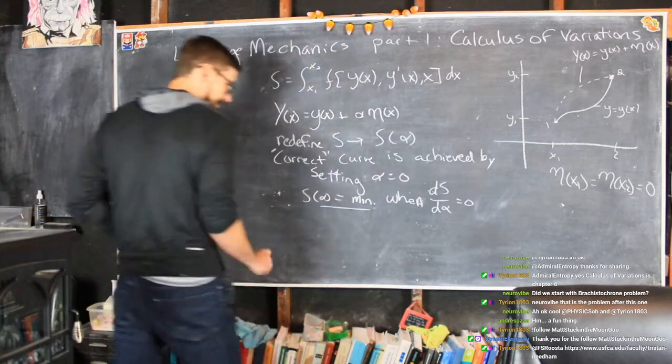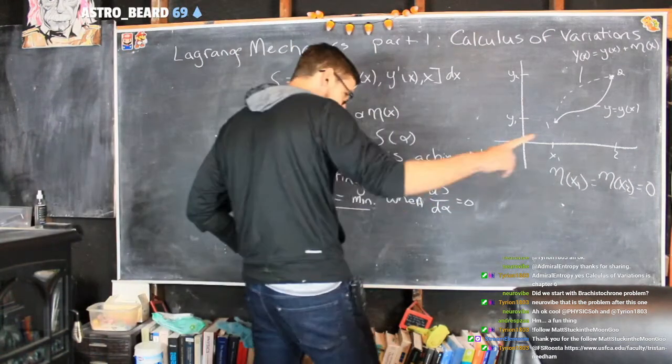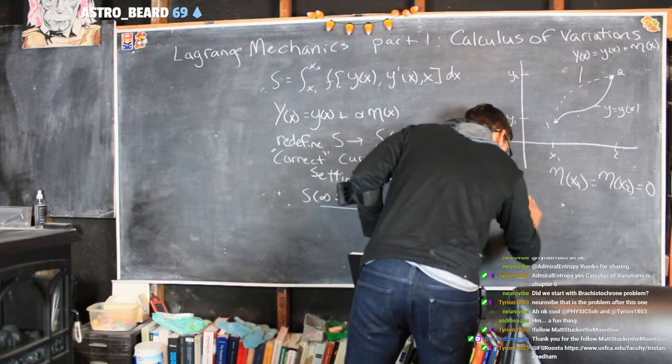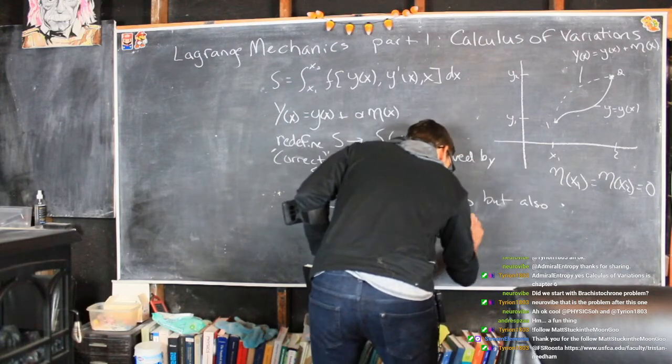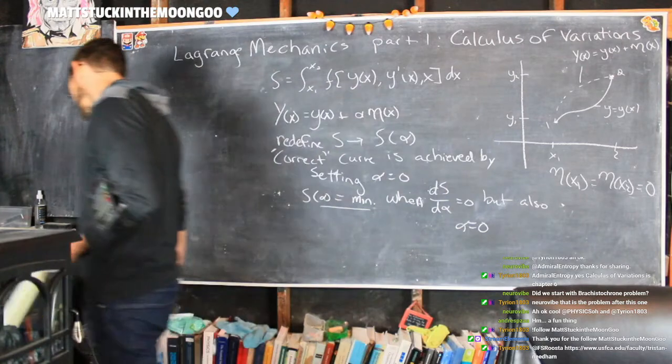So this is the minimum when this is equal to 0, but also when alpha is equal to 0. That gets us back to the y of x.